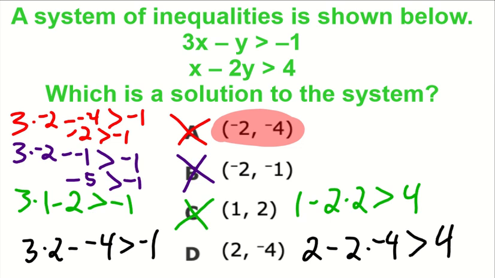We need it to be greater than 4. 2 times -4 is -8. Change. 2 plus 8 makes 10. Is 10 greater than 4? Yeah, of course that one works. Any questions? Does that take a little bit of time to do it that way? Yeah, but that's probably less time than it would take to actually graph them and then see where all the points go.